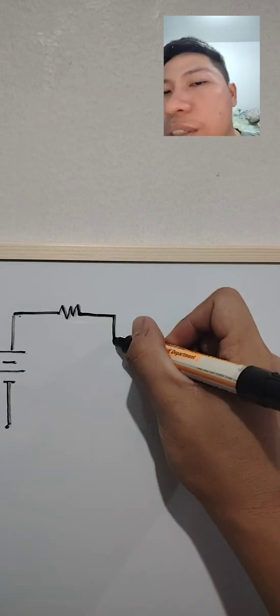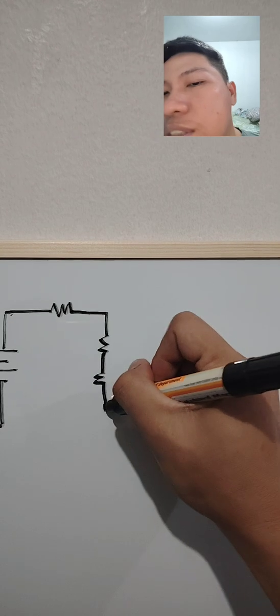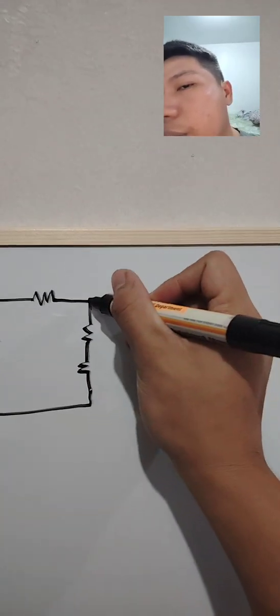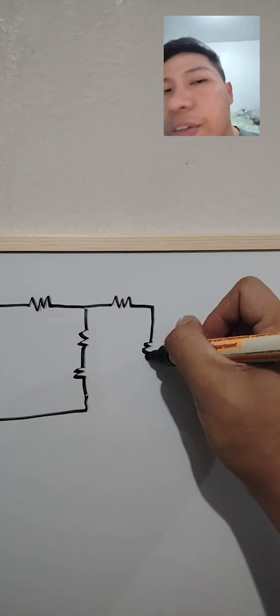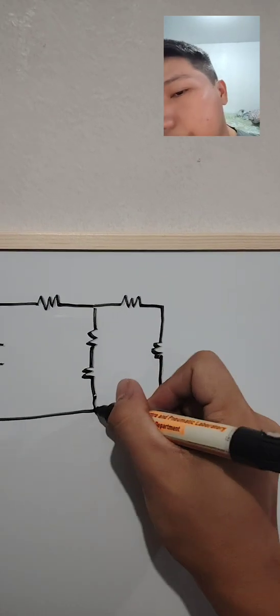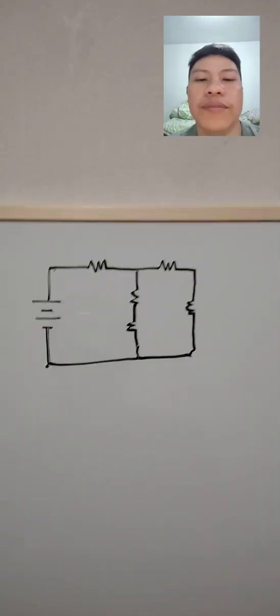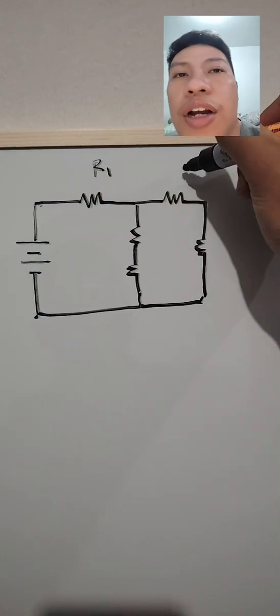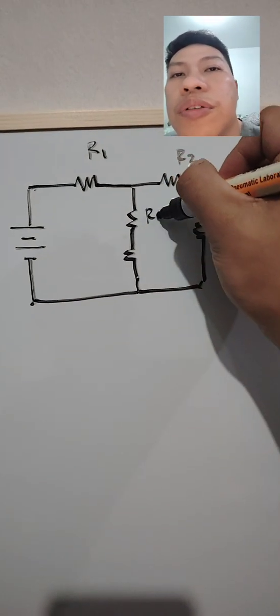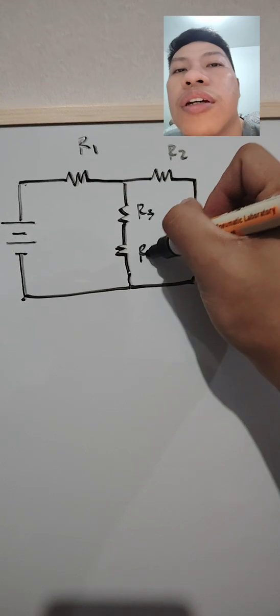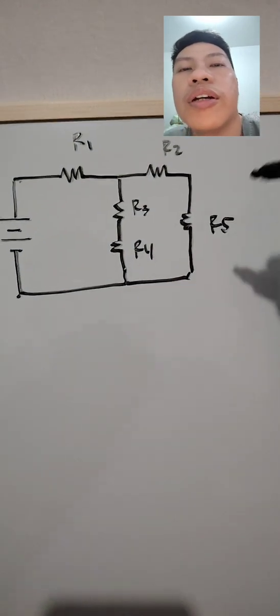And here a resistor, two resistors in series, and one resistor here and another one here. Okay, so let me assign the values here as R1, R2, R3, R4, and R5.